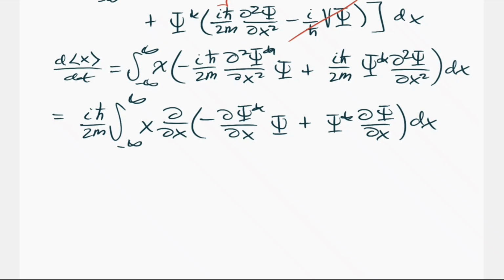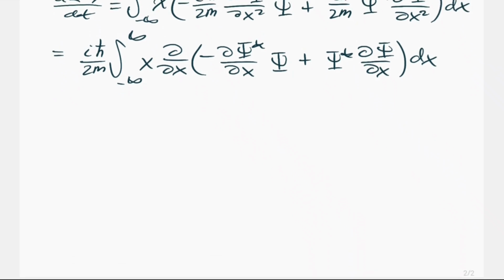So hopefully that was clear. We just took out our constants, i h bar over 2m, and we also took out one of the second derivatives and put it in front.